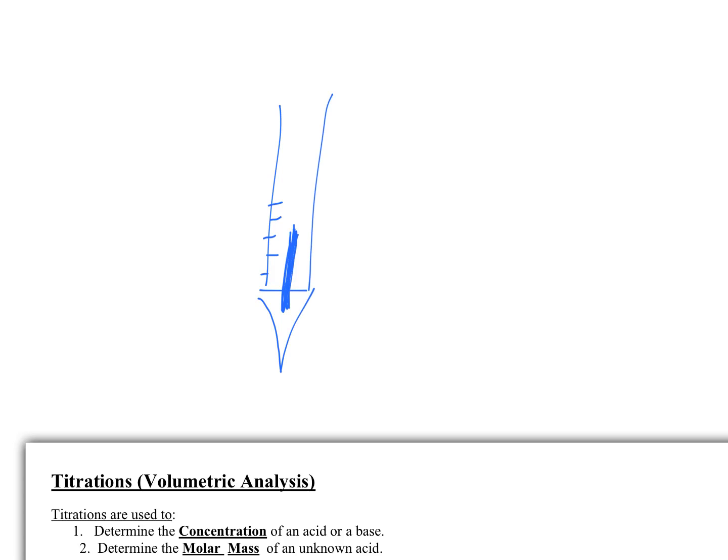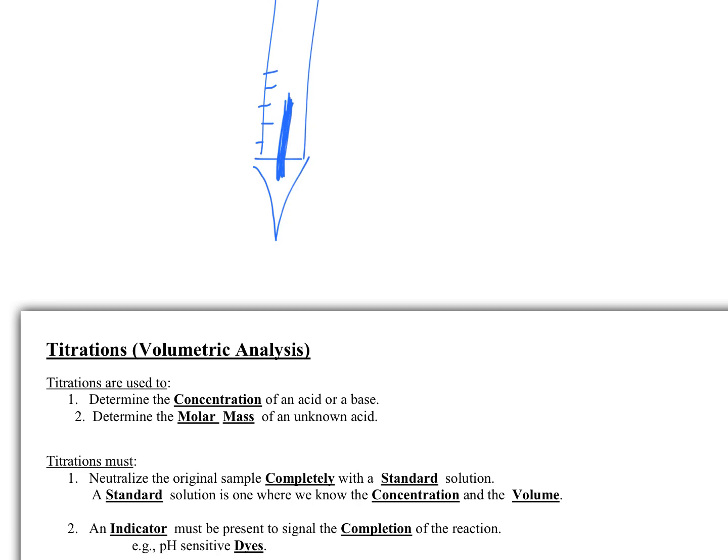So we use titrations for 2 main reasons. 1, to determine the concentration of an unknown acid or base, or 2, to determine the molar mass of an unknown acid. If I know the molar mass, I can actually determine what type of acid it is, if that is the given question. Every titration must neutralize the original sample completely with a standard solution.